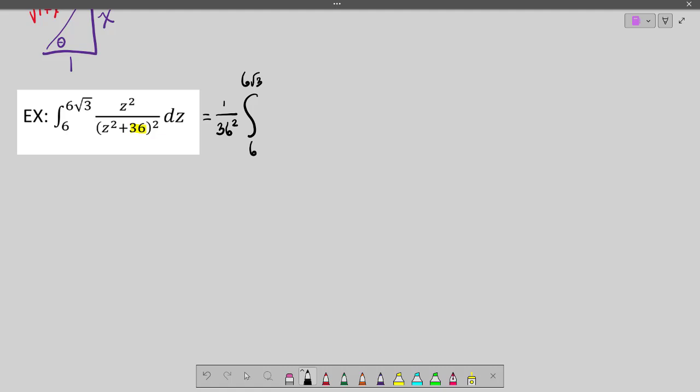We'll see. So then in the numerator, we have z squared. And in the denominator, what plus 1 squared? 36 squared. What's going to go right here? If we want to write this as a single square, what's going to go there? Z over 6.